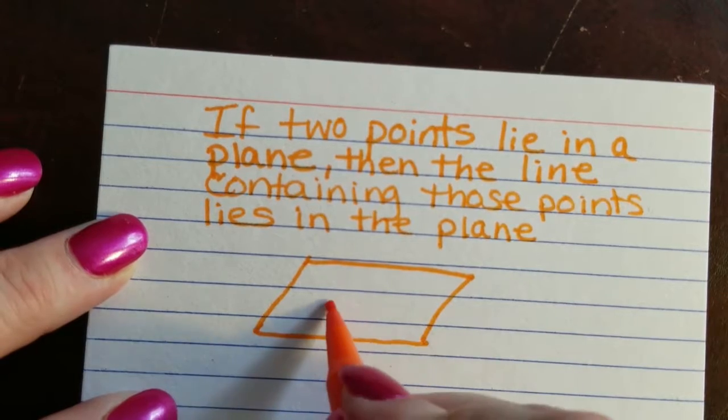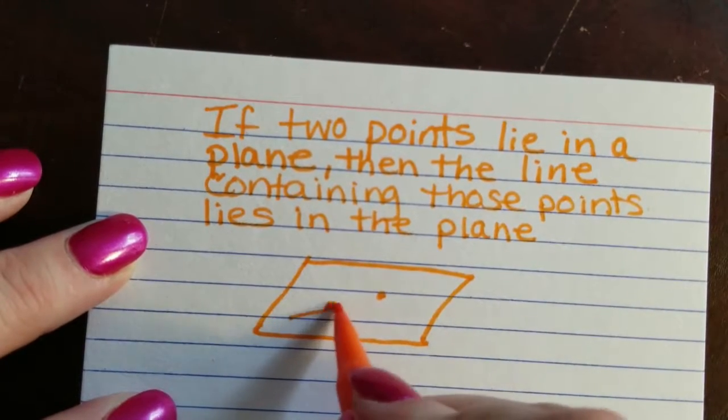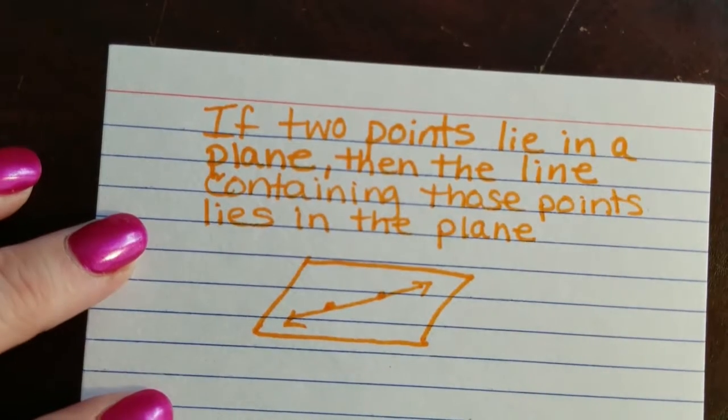So we've got a plane. If these 2 points are in that plane, then the line that connects them is also in that plane.